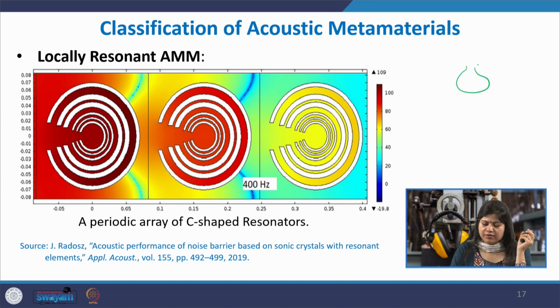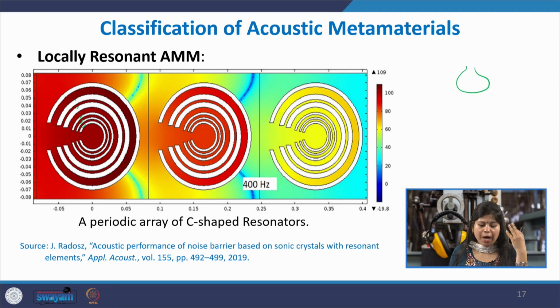So, when the sound wave is hitting, it is creating resonance, and at a particular frequency where the fundamental frequency of this element matches with the incident frequency, the resonance phenomenon is observed, and the wave particles move at a very high amplitude.